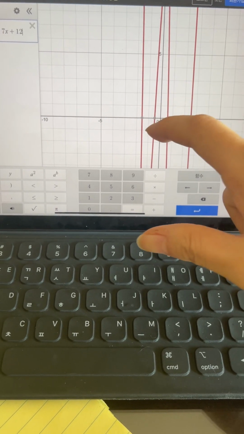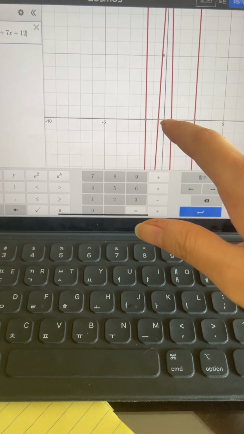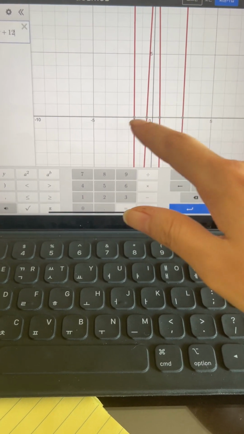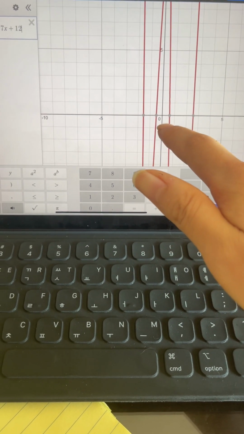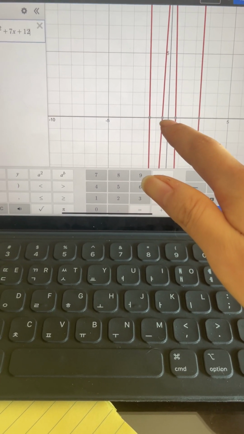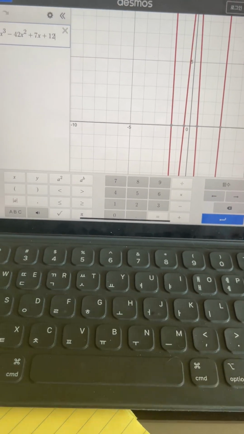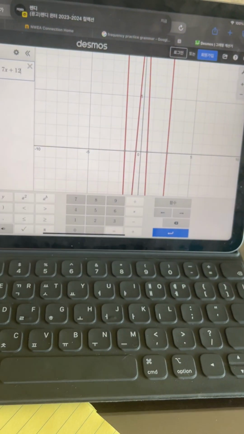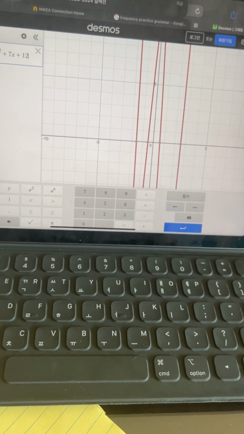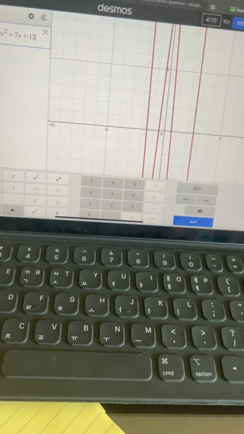So, it's going to be hard for you to see when you're working with a graphing calculator, but what you can do is approximate what the x-intercepts would be. In this case, it looks like x equals negative 3/2, right?